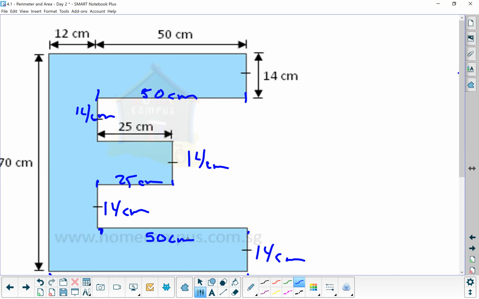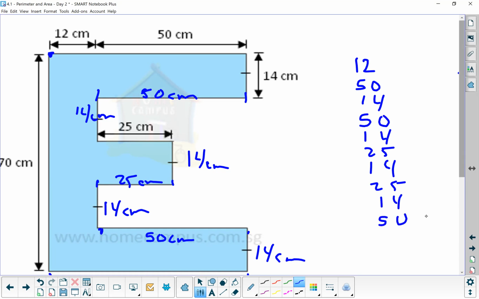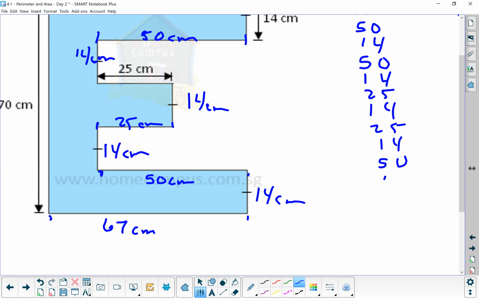We can go ahead and add them together to get our perimeter. So again, starting in that corner, top is 12 plus 50 plus 14 plus 50 plus 14 plus 25 plus 14 plus 25 plus 14 plus 50 plus 14 plus 67 plus 70.